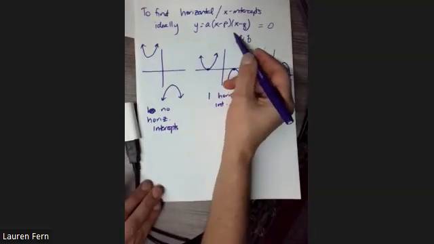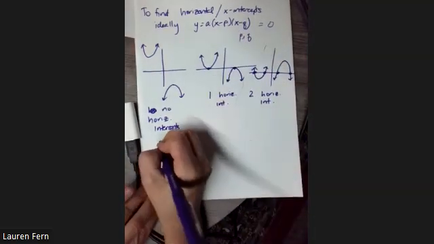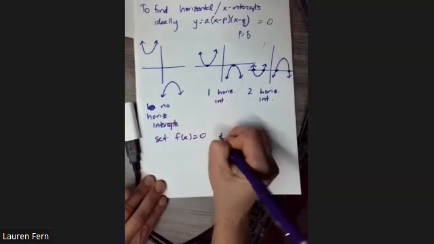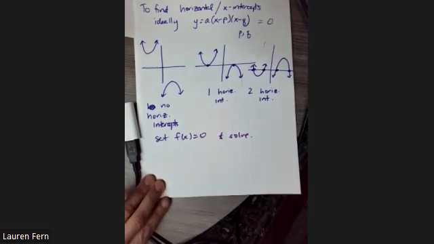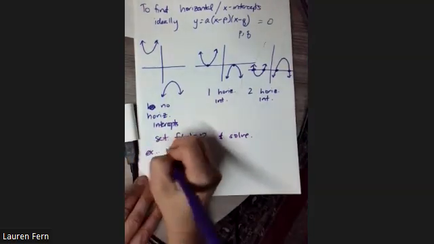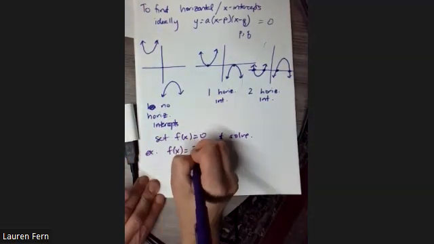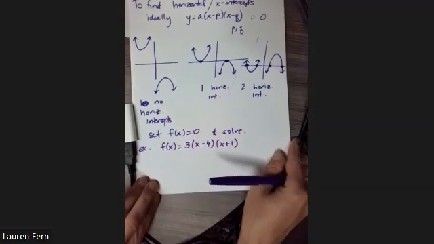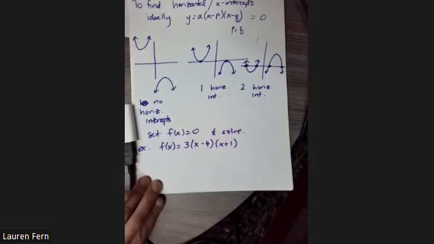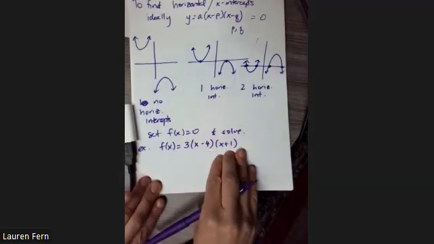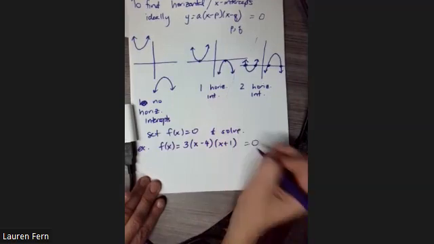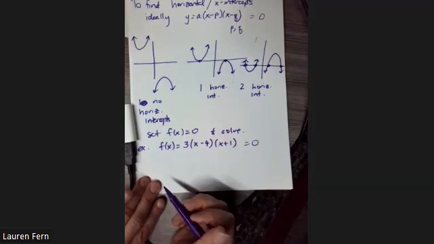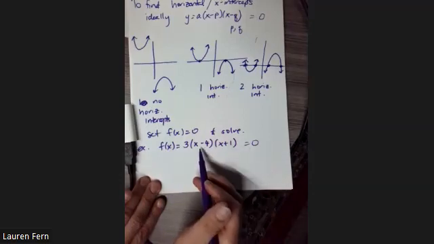Now, when you're in this form, you're psyched, right? Because to find it, you set f of x equal to 0 and you solve. For example, what if I have this? If I want to take this and find my intercepts, what I'll do is I'll set it equal to 0. Well, the 3 is not going to make anything happen here to get this to be 0.